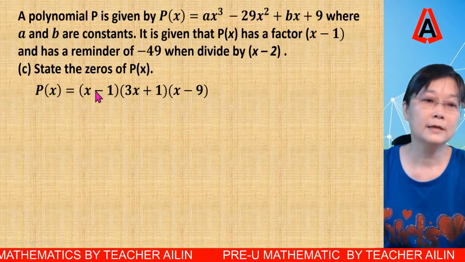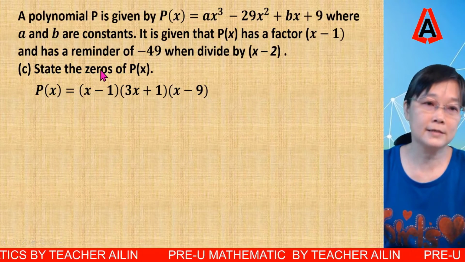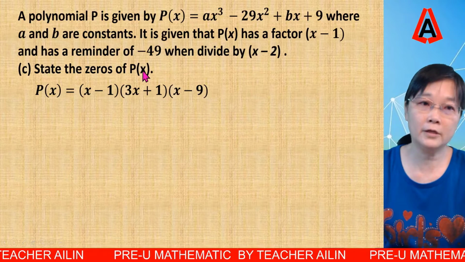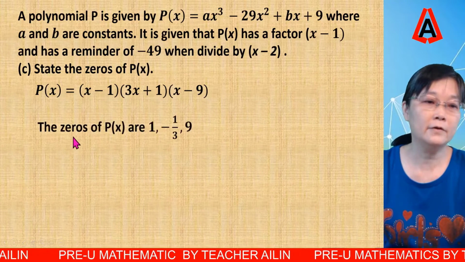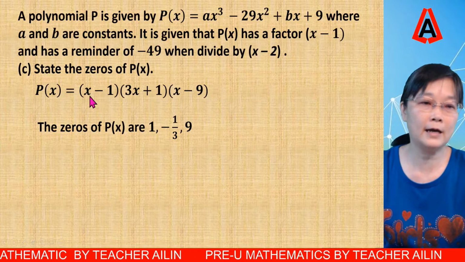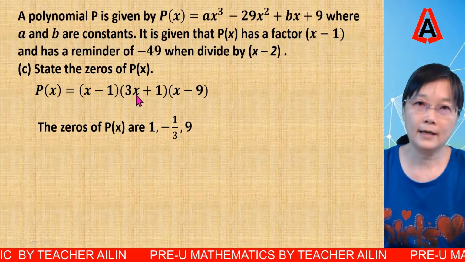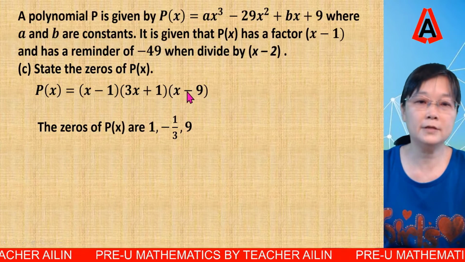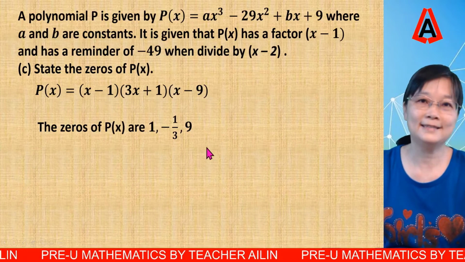So that means these values of x are the zeros of the polynomial. Therefore, the zeros of the polynomial p(x) are 1, negative 1 over 3, and 9.